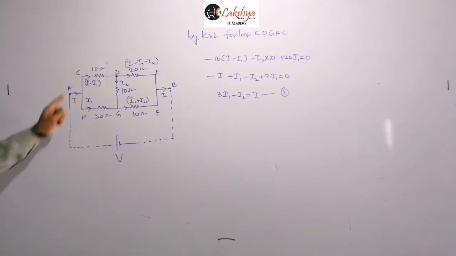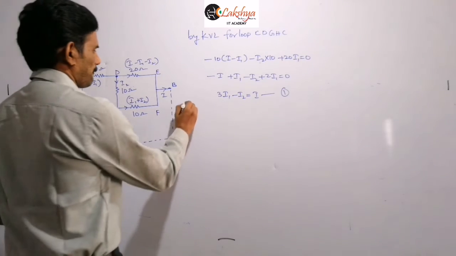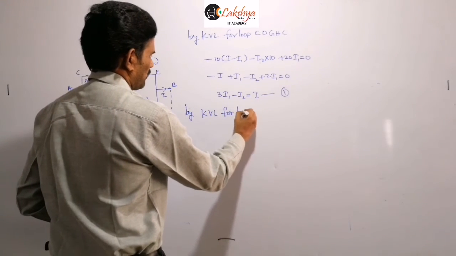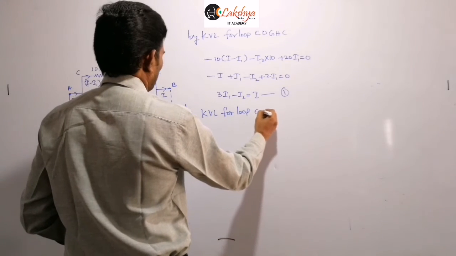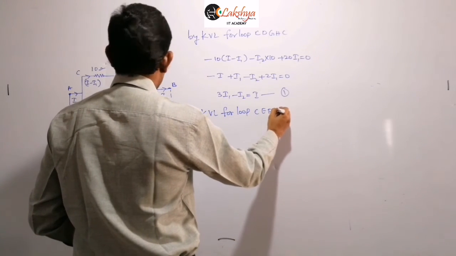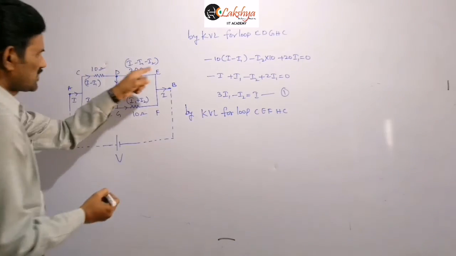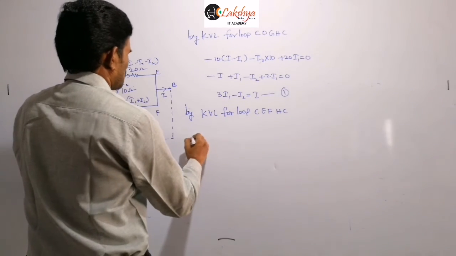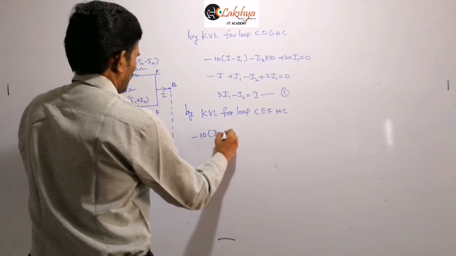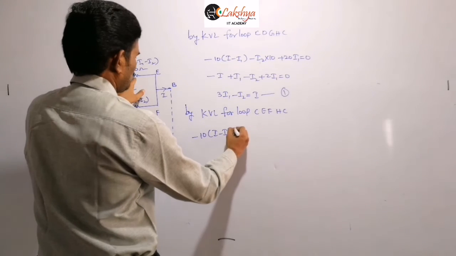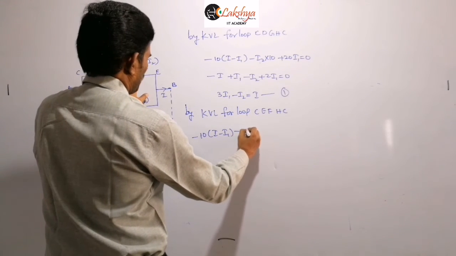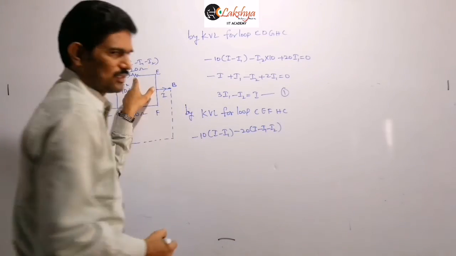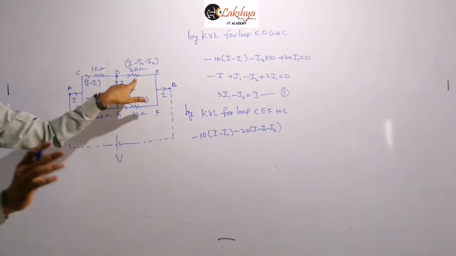And now let us apply KVL for this outer loop, CEFHC. For this outer loop, if you are writing from here, then this is minus 10 of I minus I1. This is minus 20 of I minus I1 minus I2. So listen carefully, it's just an application of Kirchhoff law only.